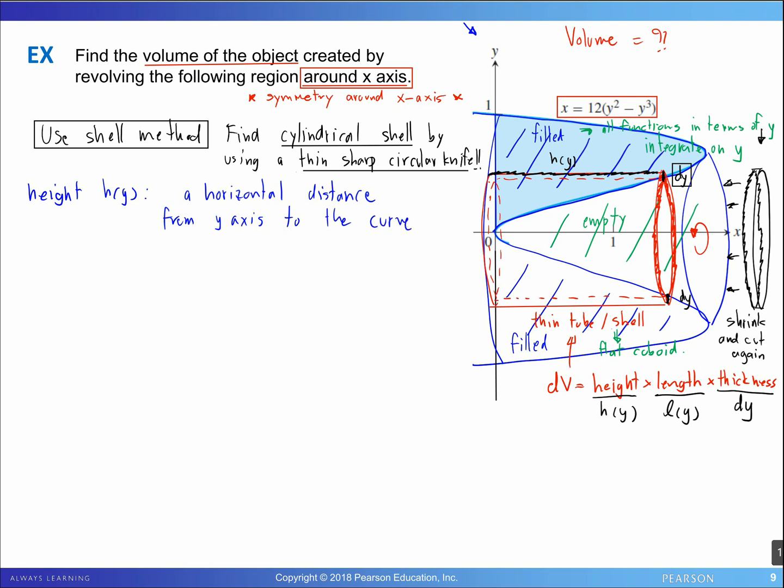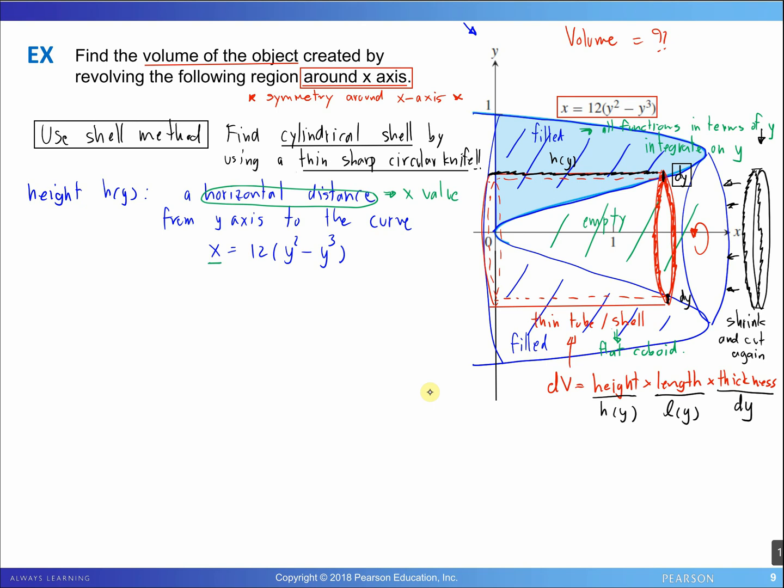And the equation for the curve is x equal to 12 times y squared minus y cubed. When you see this horizontal distance, you know right away that this is about x value. So we want the x value on the curve in terms of y, which is right here.